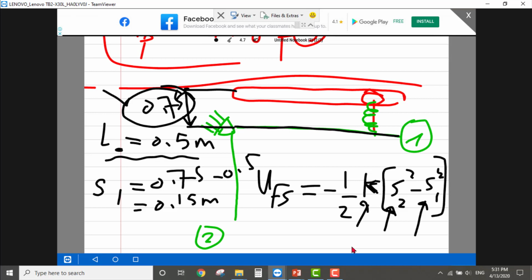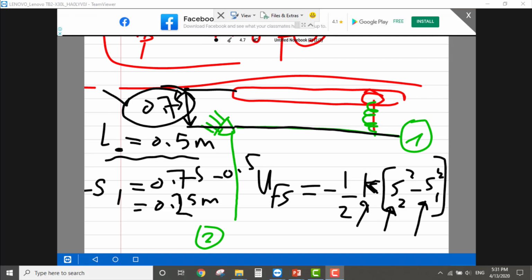So this is the stretching for the first scenario, or sorry, this is 0.25. 0.75 minus 0.5 is 0.25.